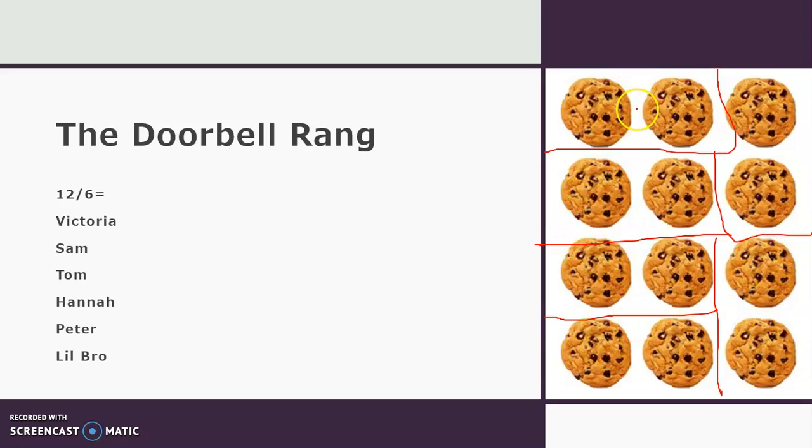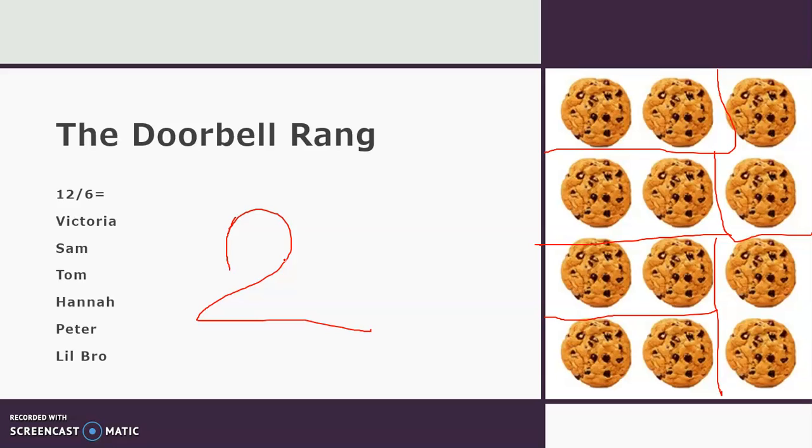Let's see how many groups we have. 1, 2, 3, 4, 5, 6. So 6 groups of 2 is 12. So they're each going to get how many cookies? 2 cookies. Because 12 divided by 6 is 2. So they will get 2 cookies.